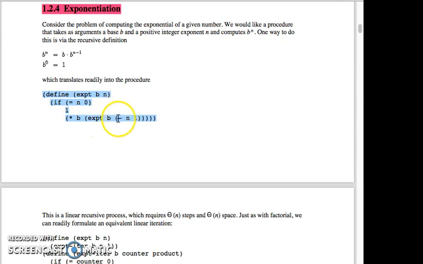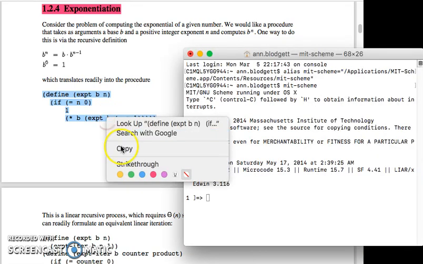So basically you apply exponent to b and then n minus 1, and then multiply that by b. And that's what you will return. And that's the recursive one. So we'll put that in the terminal here.